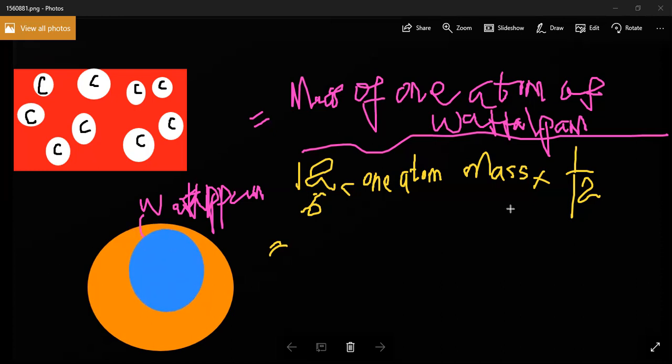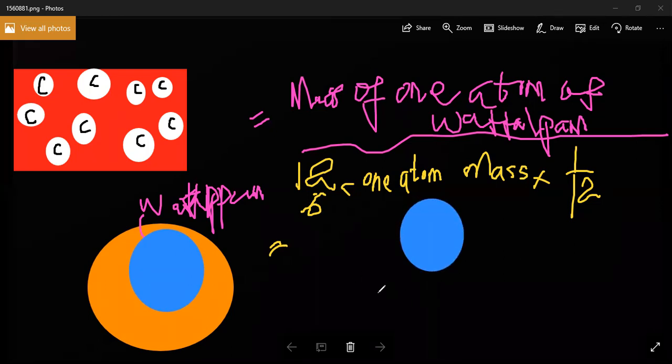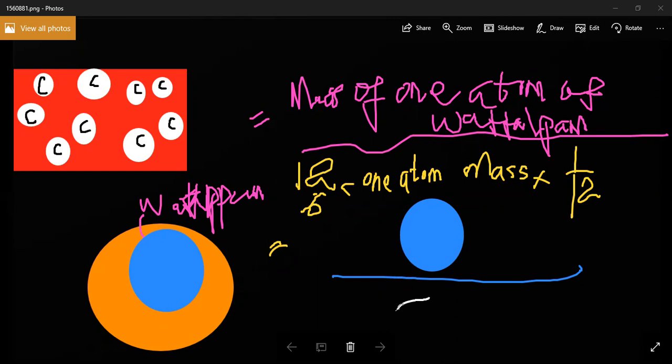Mass of Vattalapam over, can you tell me which part of this carbon I have to take? I have to take this part, 1 over 12 part of this carbon.